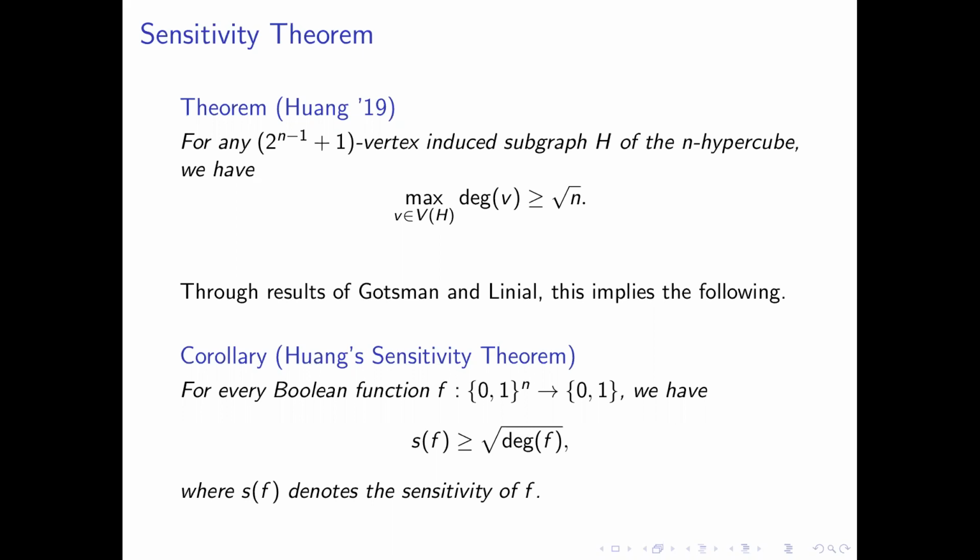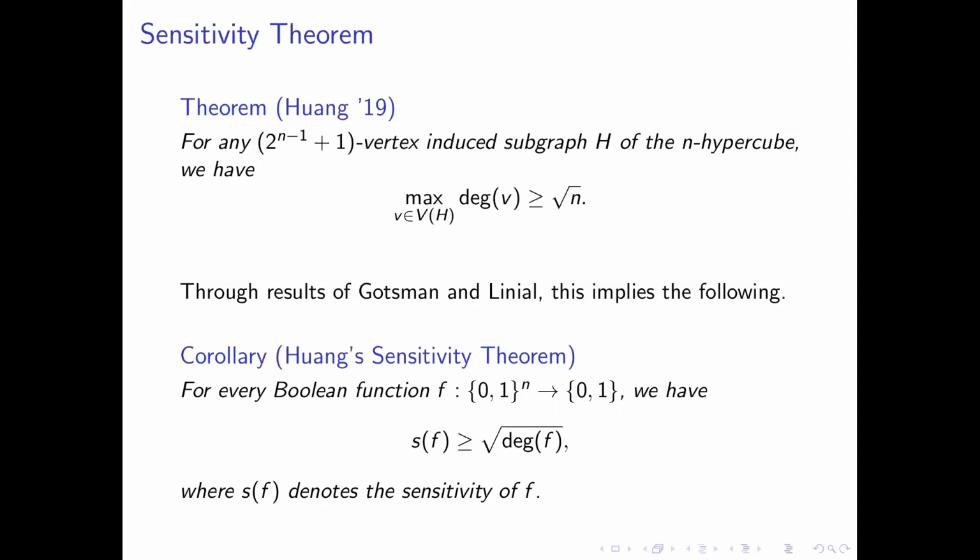Our seminars have mostly focused on this induced subgraph result, but the folks in the theoretical CS community really liked the corollary of Huang's sensitivity theorem, which told us something about this complexity measure called sensitivity in relation to the degree of the Boolean function f.